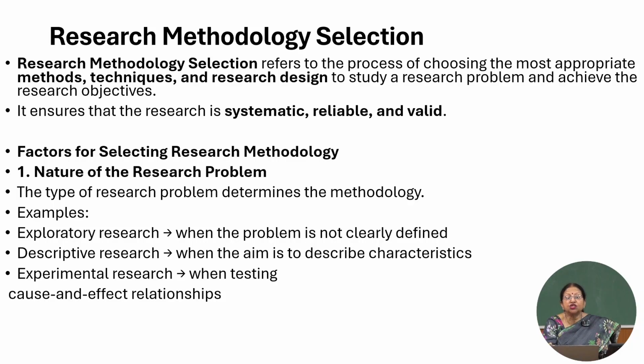First is nature of research problem. The type of research problem determines the methodology. For example, exploratory research when the problem is not clearly defined. Descriptive research when the aim is to describe characteristics.